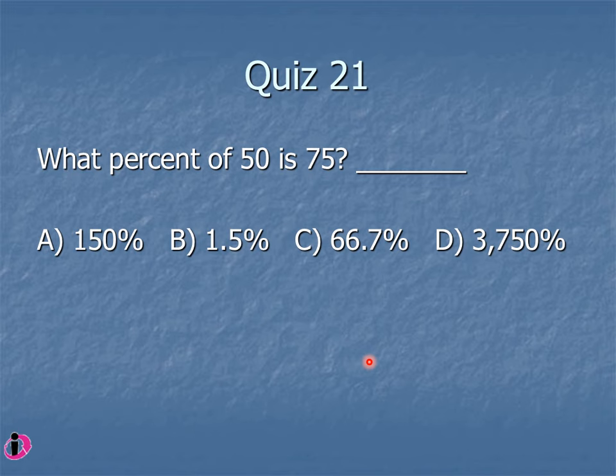But we have to convert it to percentage, because this is a decimal fraction. Once we convert it, we move the decimal point 2 positions to the right, which makes it 150%. So the right answer is actually A. Is that right? A?